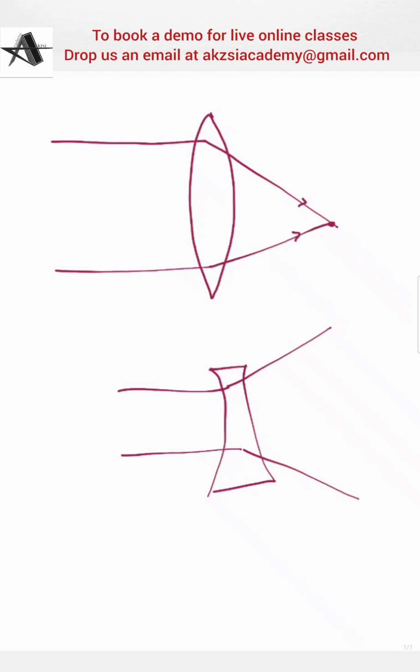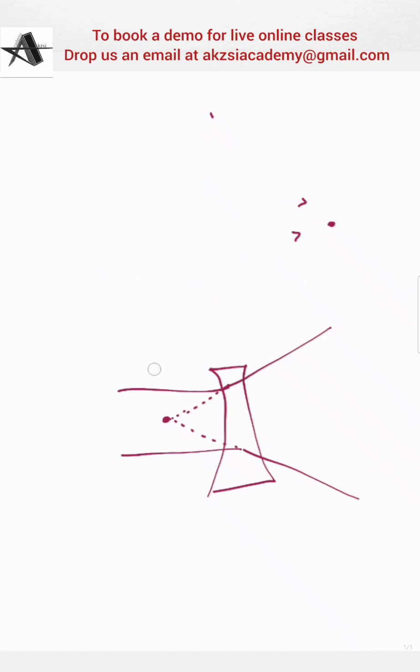Because the speed changes, the light changes its path and it refracts. In both cases, refraction is happening. In one case, it's converging, and in the other case, it's diverging the light. And then, if you trace it back, it appears to meet and forms a virtual image.